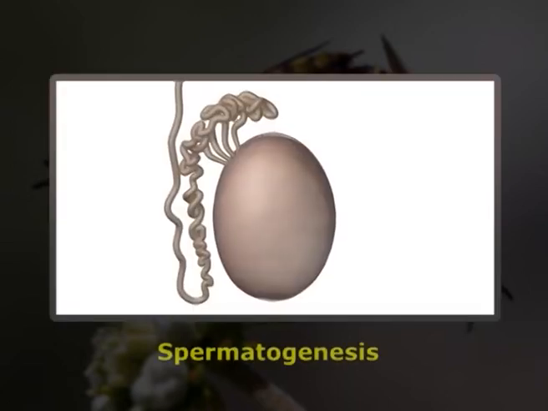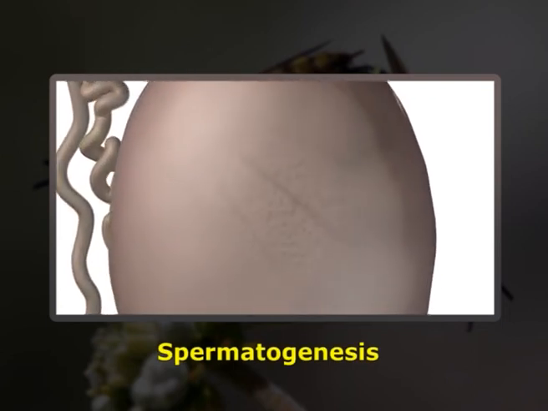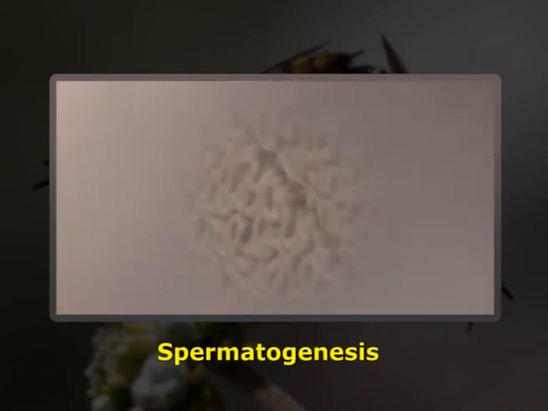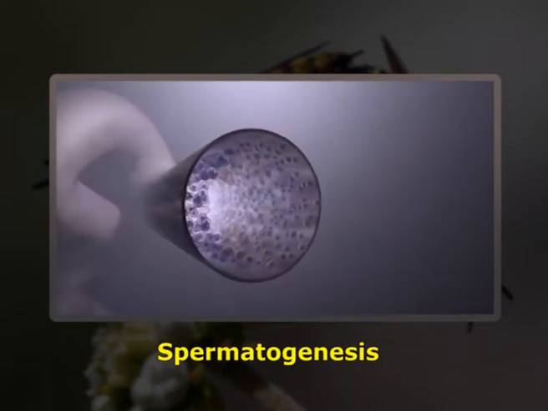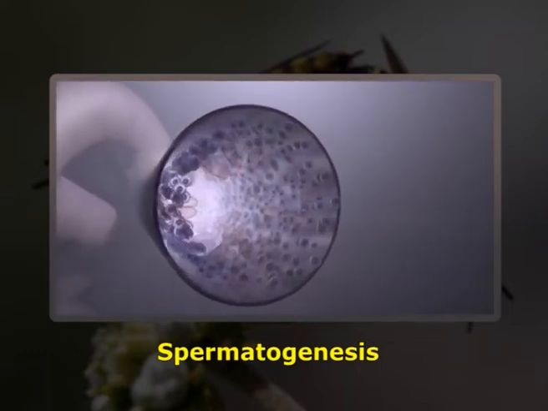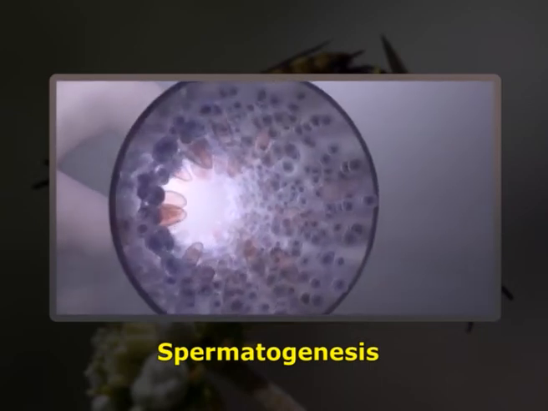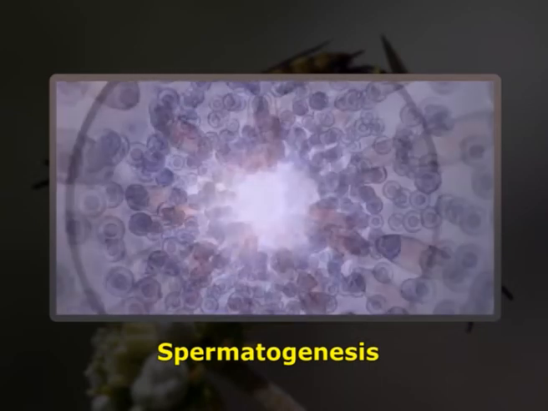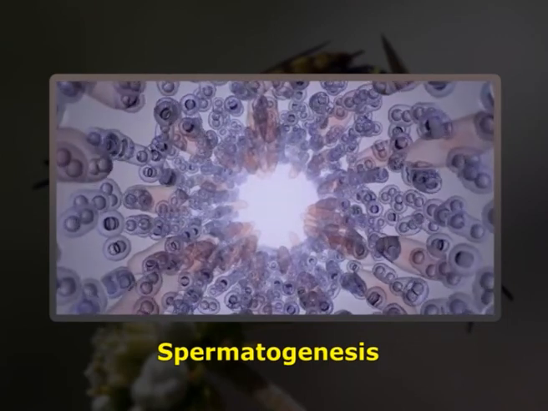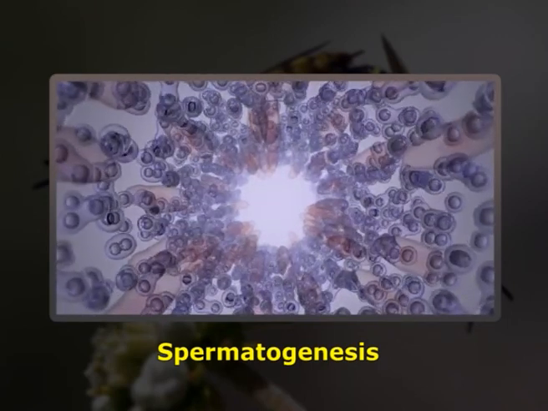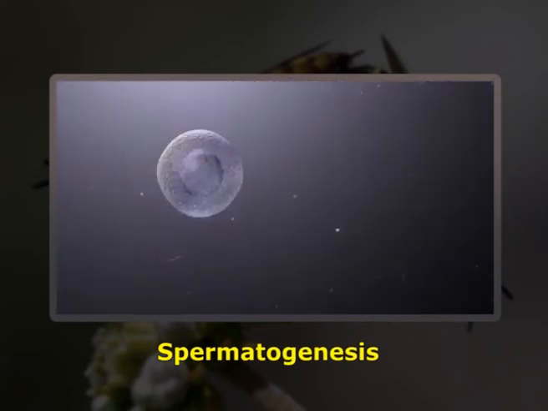Spermatogenesis. Spermatozoa are produced in the follicles of the testes. The upper portion of the follicles contain primary germ cells called spermatogonia. These divide repeatedly to form the cysts, which move to the base of the follicle due to the pressure of their own increase.